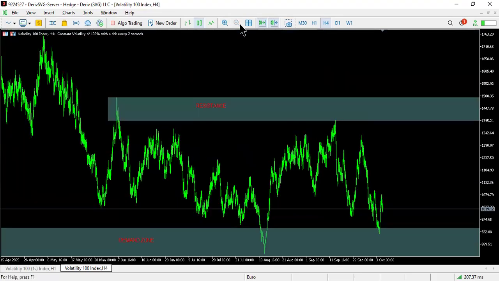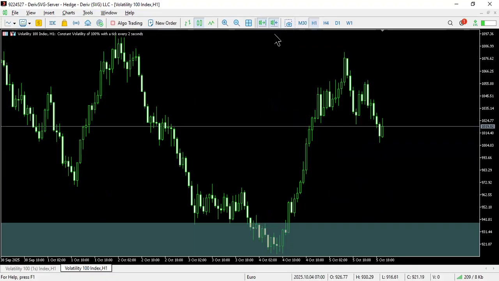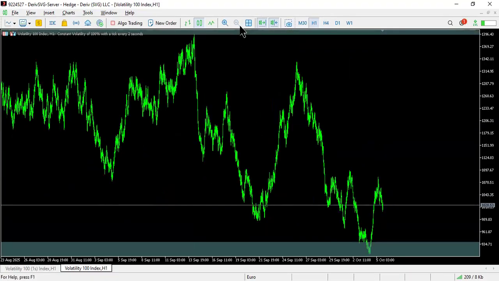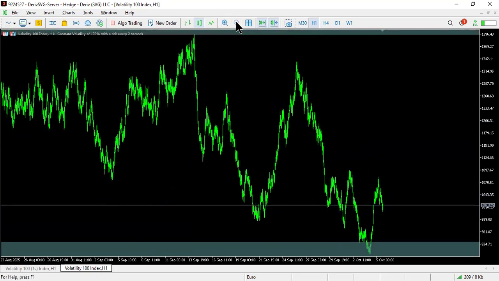Usually, when it's ranging like this, I don't even like to read the price because there's nothing there for me. I like to wait when price gets out of this range. Then I will know what to do. But for now, there's nothing interesting for me on VIX 100. So I'm gonna wait for it until it's ready to give me money. Then I'll come back and analyze.